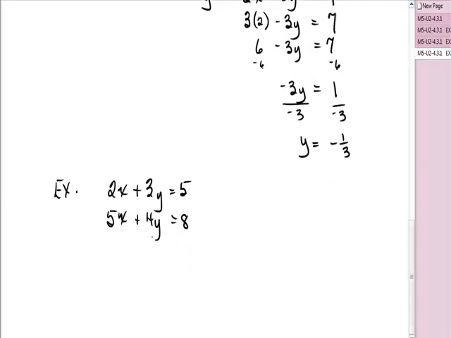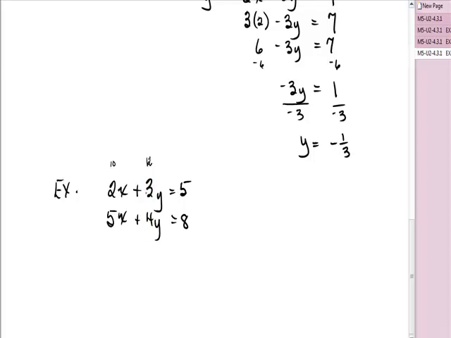Looking at this system, if I'm instructed to use the addition method, the least common multiple, or what 2 and 5 both go into, is 10. I would have to multiply this one by 5, this one by 2, one of them negative. The least common multiple for y's is 12. Multiply this by 4, this by 3, one of them would need to be negative.